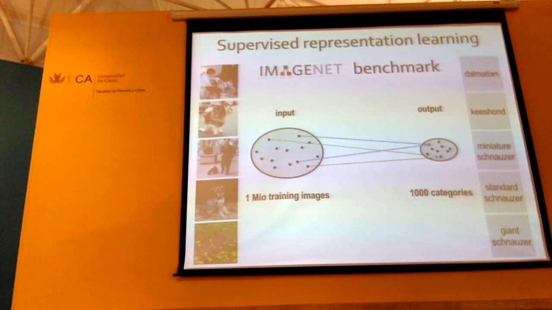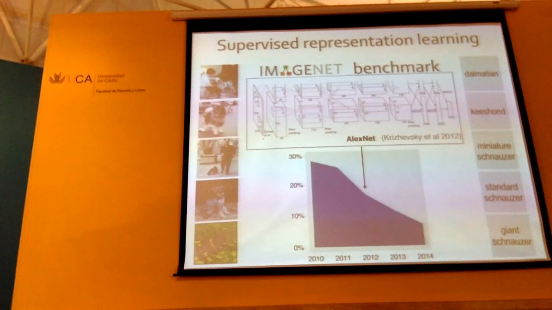I'm not sure whether I would be able to do that, definitely not in English because I don't know the different types of dogs and their names in English. But maybe that's important to some extent, I don't know. So in 2012, it was for the first time that a neural network won this benchmark.